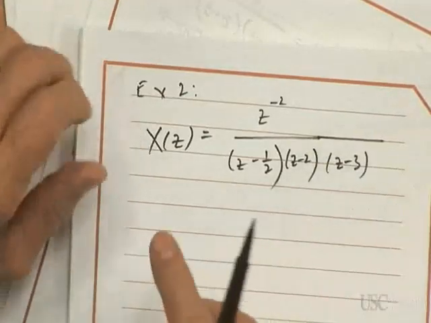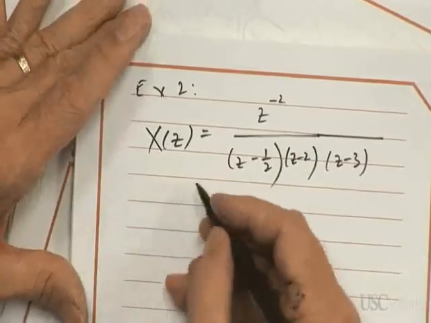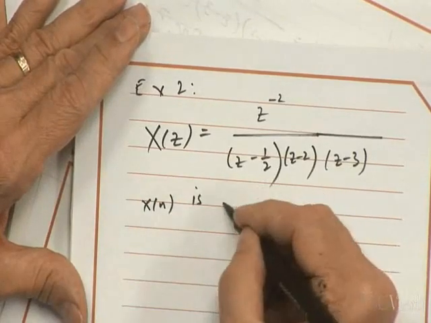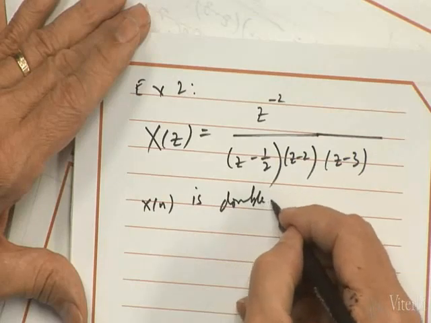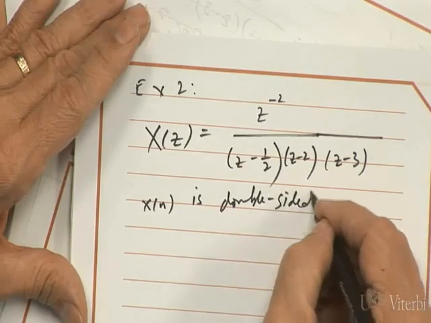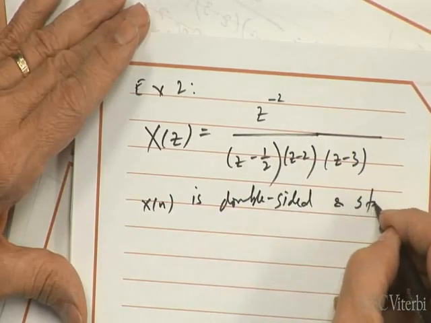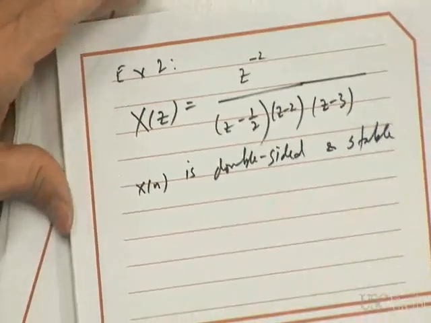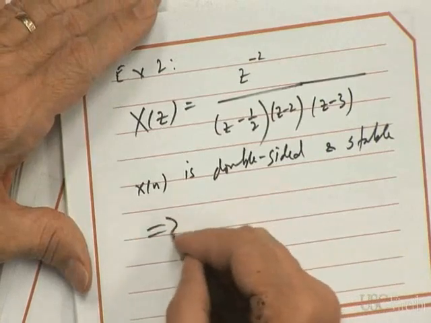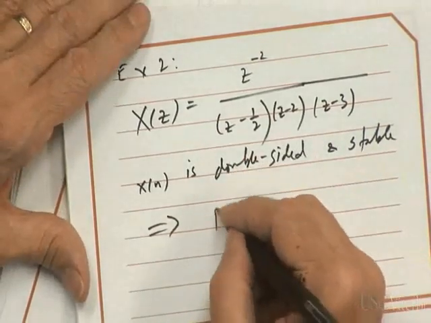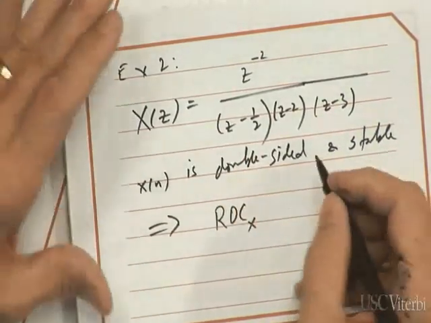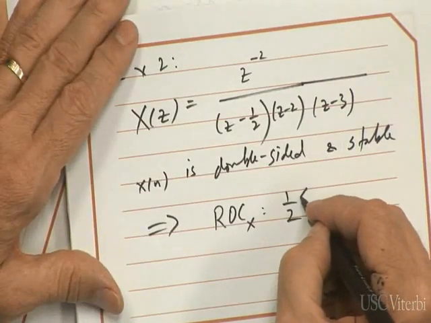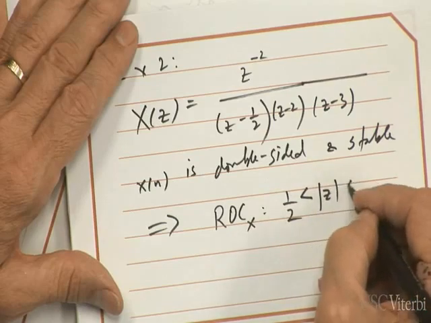So once again, you're going to have 3 rings. In this example, I'm going to say x of n is double-sided and stable. So that's just an expansion of the first example. That would imply that the region of convergence, and hopefully now you get the idea of what's going on with this stuff, is 1/2 less than the absolute value of z less than 2.